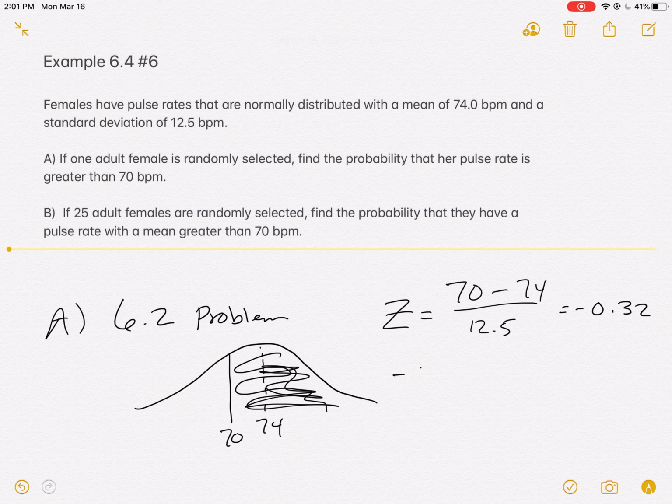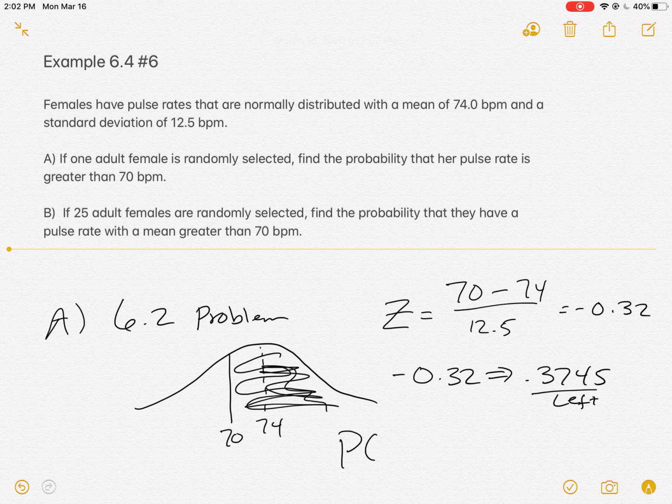So we're going to look up negative 0.32 in our table A2, which is on the back cover of your text, or in the middle as well. If we look up negative 0.32, we come up with the value 0.3745. And we remember that 0.3745 is the area to the left. Well, we don't want the area to the left.